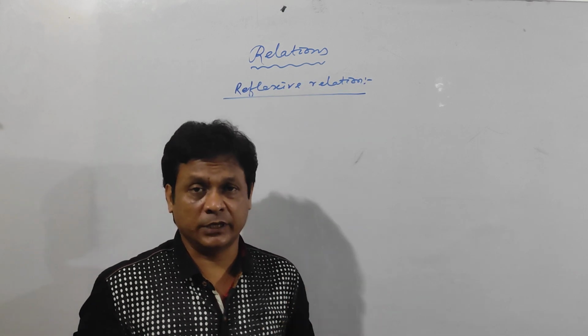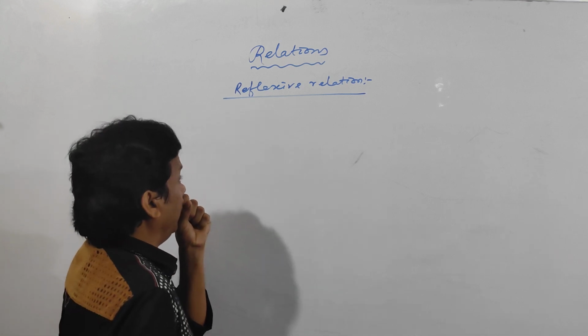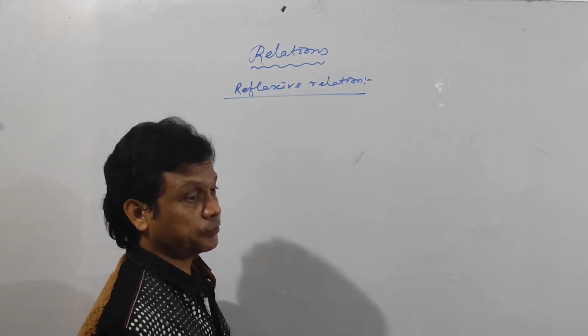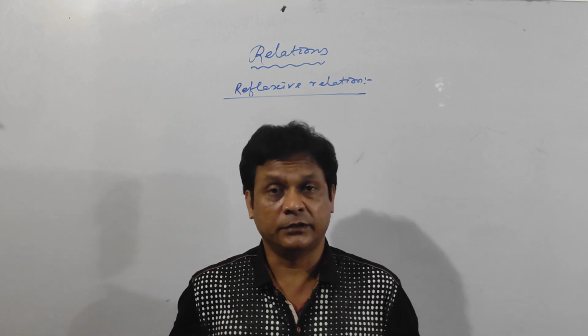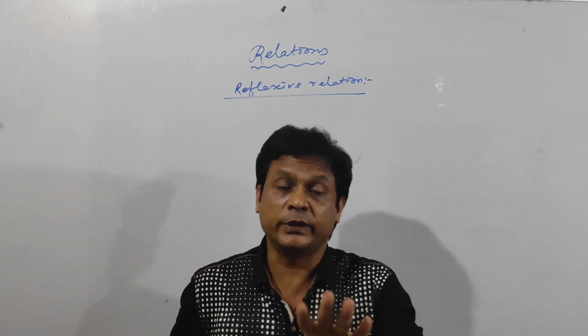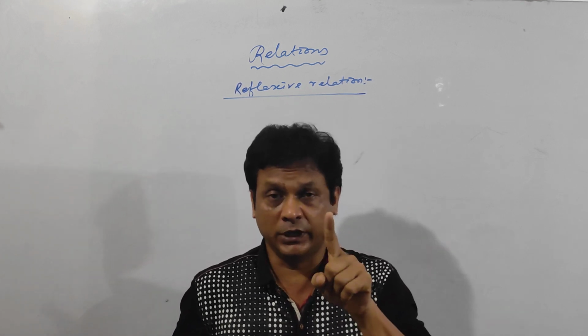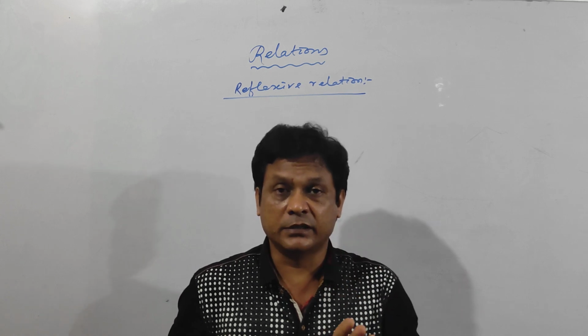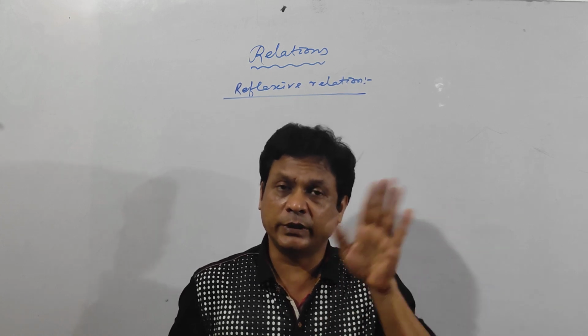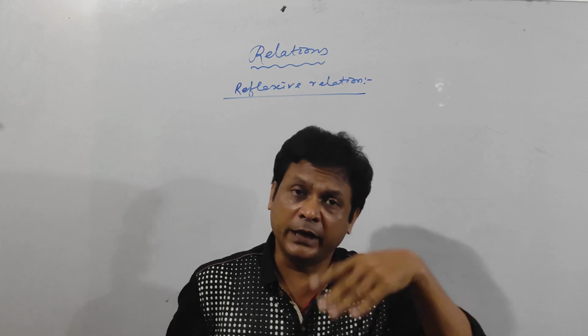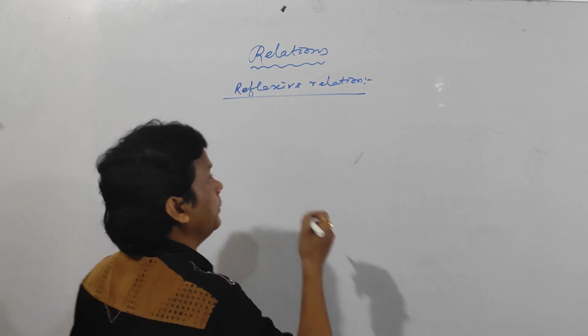Now see here, reflexive relation. Reflexive relation means every element should be related to itself. I am not telling you only. That means every element should be related to itself and it may be related to other elements also. I am giving an example.